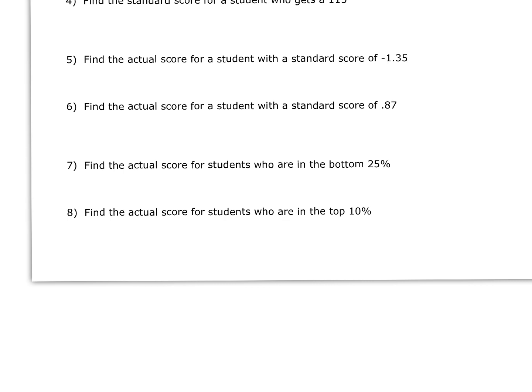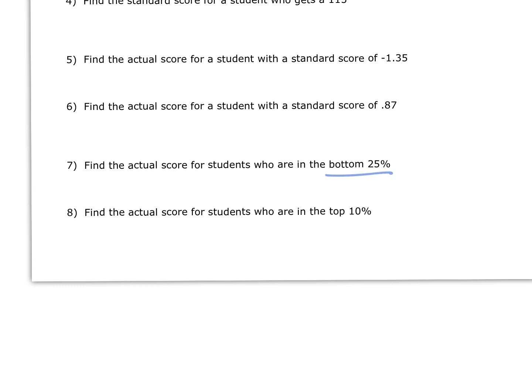Okay, all right. Number 7, find the actual score for students who are in the bottom 25%. So remember, when you are given a percent, you are looking in the meat of the table, the inside part of the table, for as close to 25% as you can find. You are not going to find an exact value.